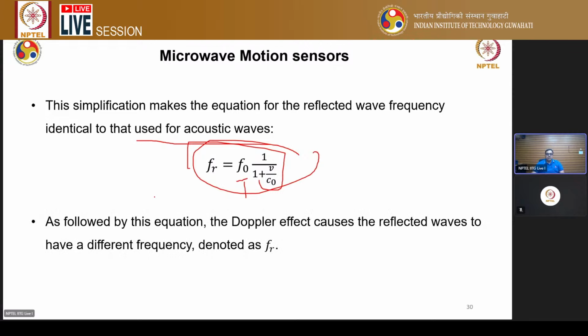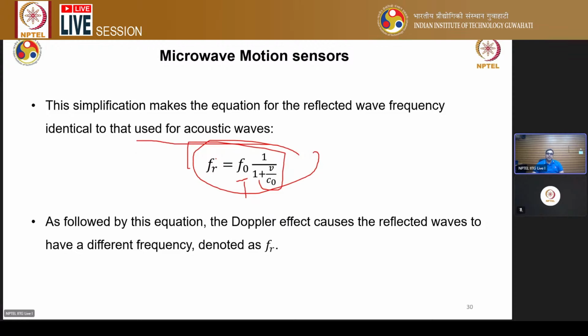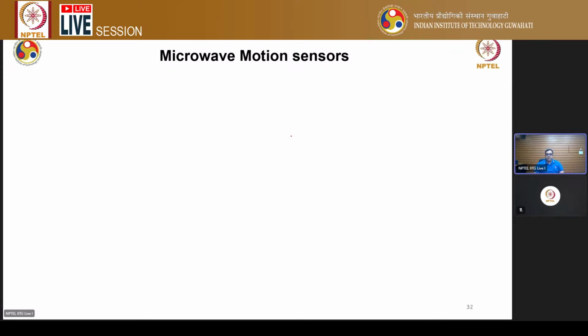So basically, you are reaching the point where the microwave motion sensor also relies upon the Doppler's effect. That's why I mentioned that both kinds of sensor, be it acoustic motion sensor or microwave motion sensor, are basically based on the Doppler's effect.